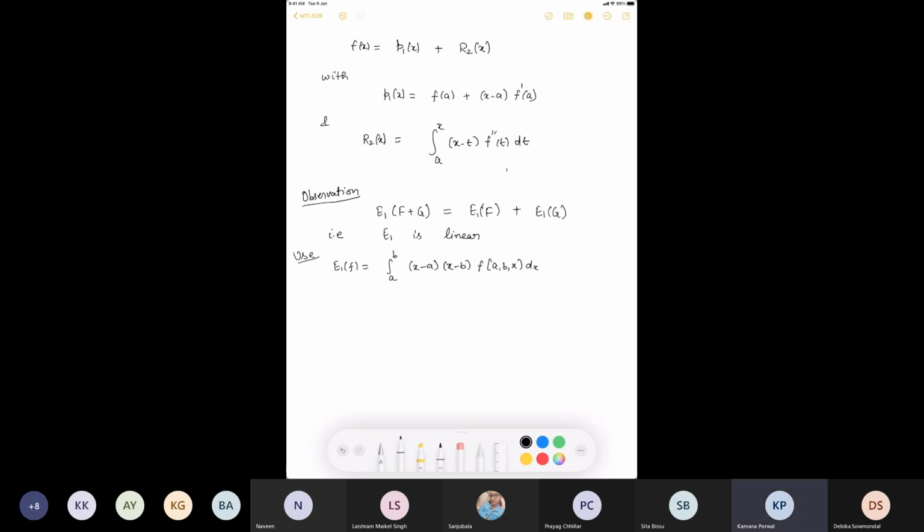So use this to observe that if you consider the error in the function f and the error in the function g, then the error in the function f plus g is going to be the same as the error in f plus the error in g. So the only thing is that you have to realize what is happening with this divided difference, right? So will you be able to check that this error function is linear?